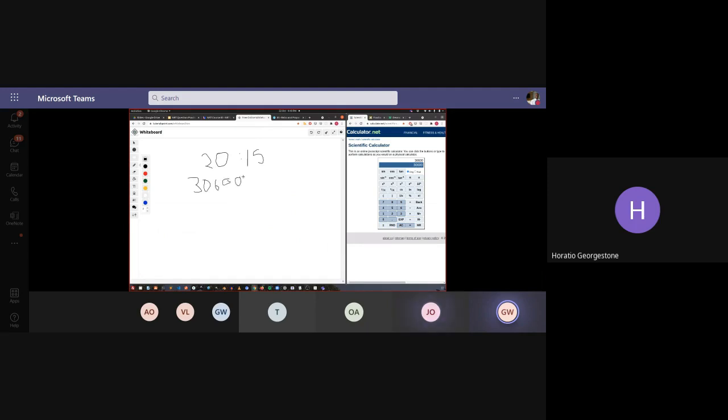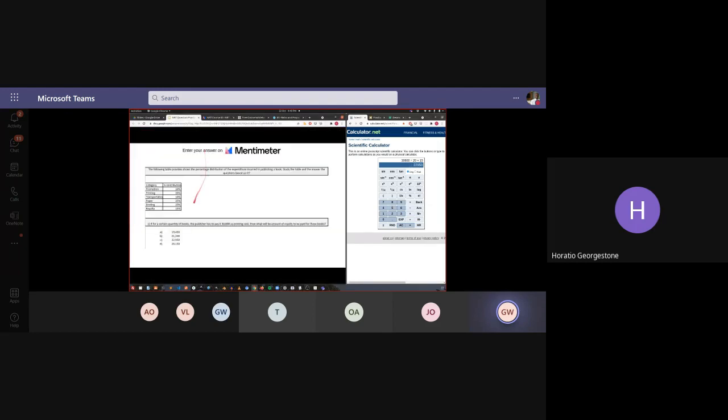What would be the equivalent? So we kind of need to know, okay, that's 20 parts. So one part would be that divided by 20, and then 15 parts would be that times 15, and we get 22,950. So the answer is C.